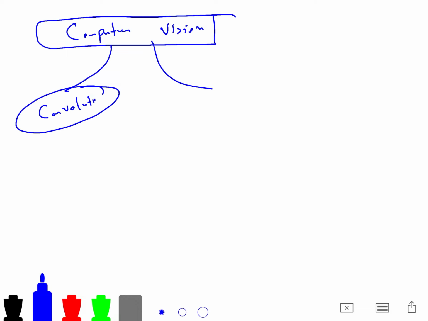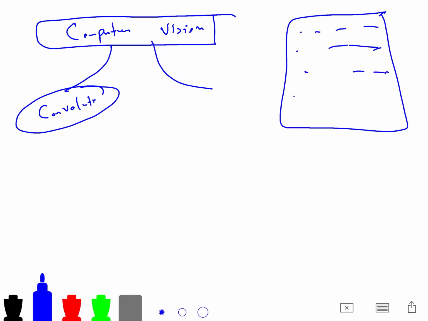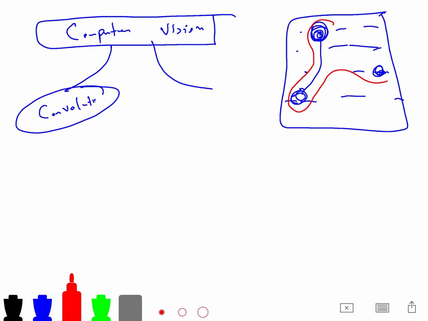In a transformer, for example, if you have a picture here with some pixels, you want to know the attention. If this pixel is attending to this pixel and this pixel, for example, maybe they are part of one object, or somehow they have high mutual information between them.